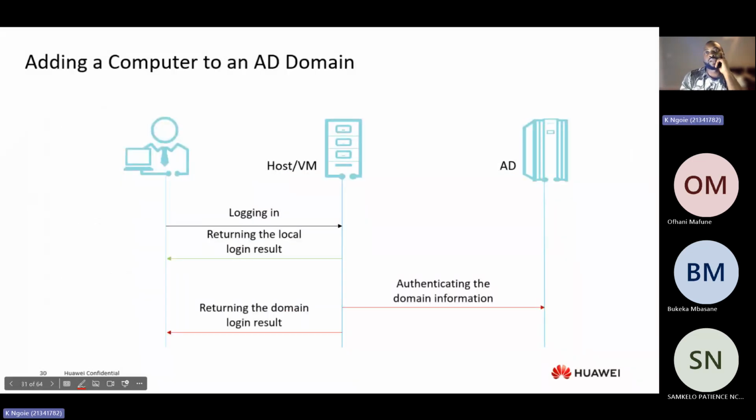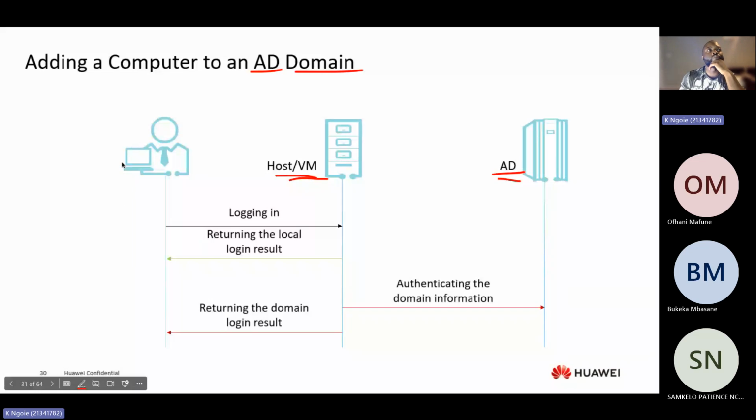Okay, so to add a computer to an Active Directory domain, this is just the process. We have an AD here. This is the host where we have the virtual machine.